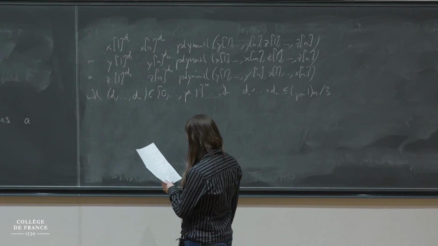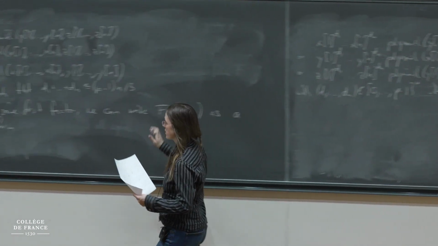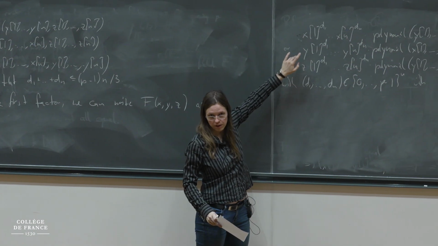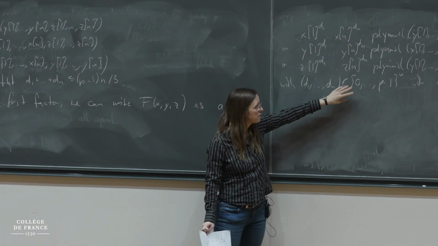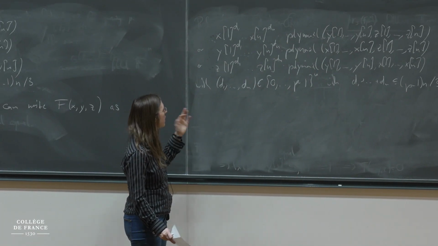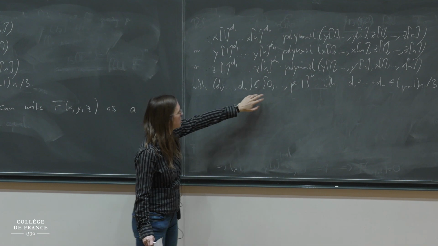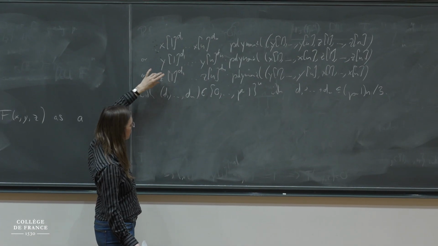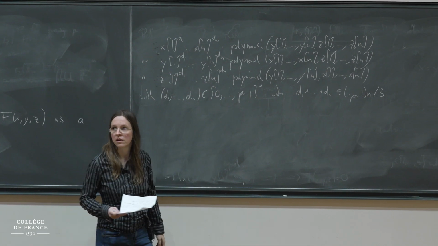Okay, so we have now written f of x, y, z as a sum of terms of this form and this form and this form, and each of those terms has these d's satisfying those constraints. And so for every possible n tuple of d's with these constraints, there's only one term of this form, one term of this form, and one term of this form, because if there are multiple, we again put them together.